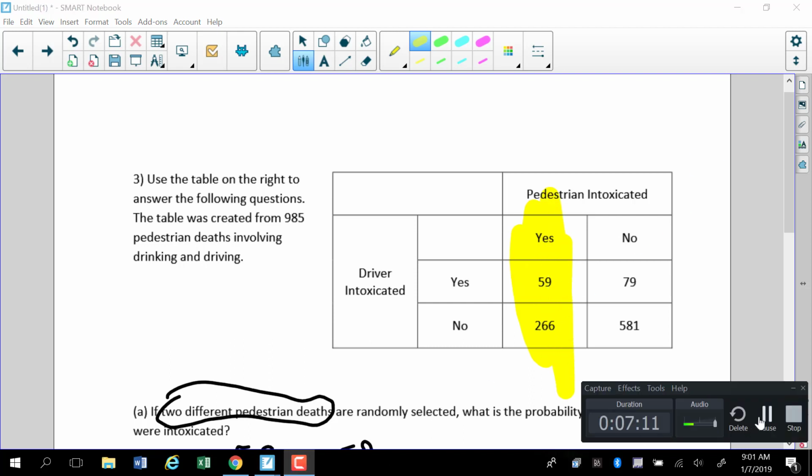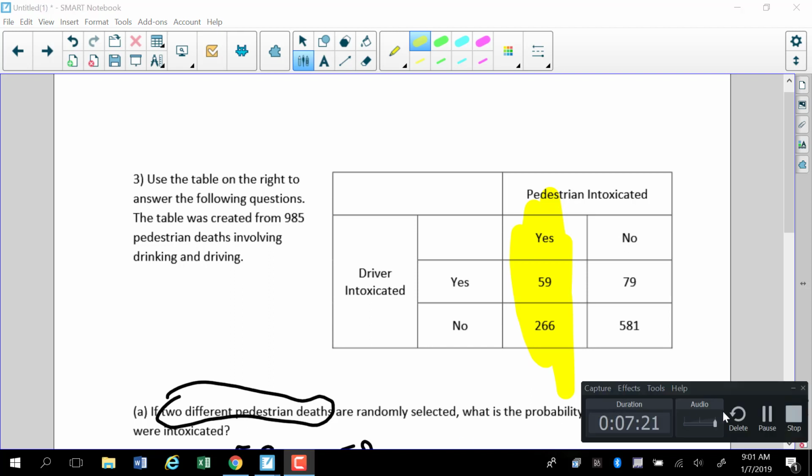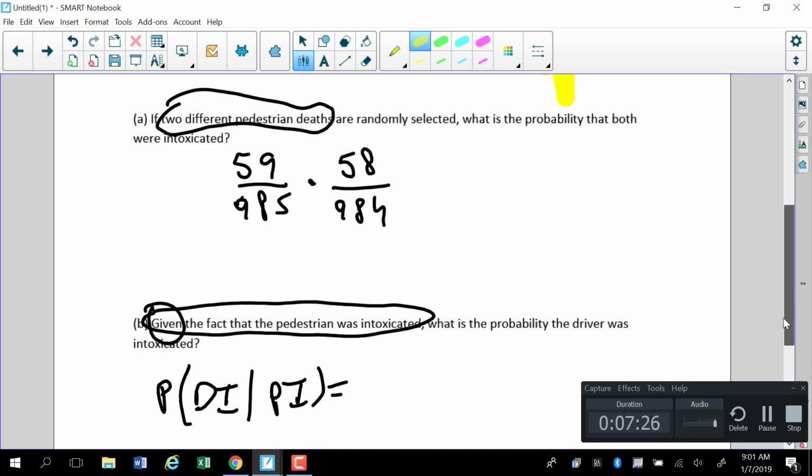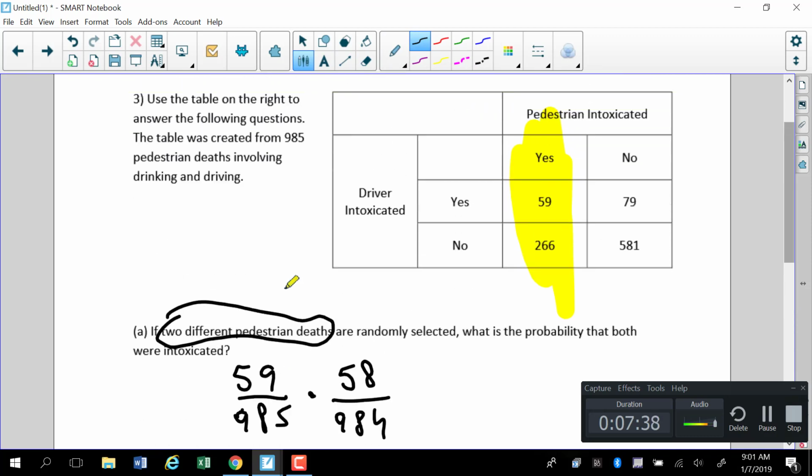So 59 is our 325. So this is going to be out of 325 because we're only looking at that certain section of people that are intoxicated, pedestrians intoxicated.